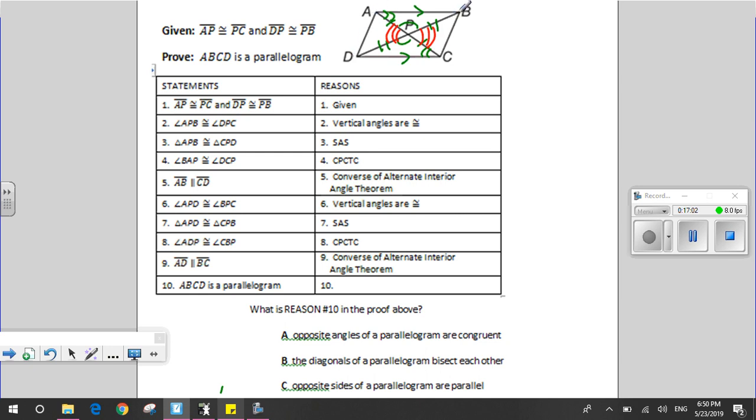APD, BPC, and I probably said it backwards. So again, that means angles inside it, ADP, so right here, and this one are congruent because of CPCTC. So now we know that these two sides are parallel.